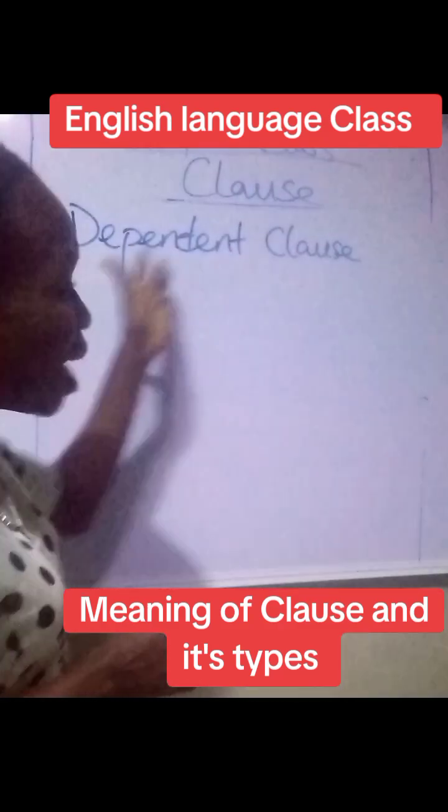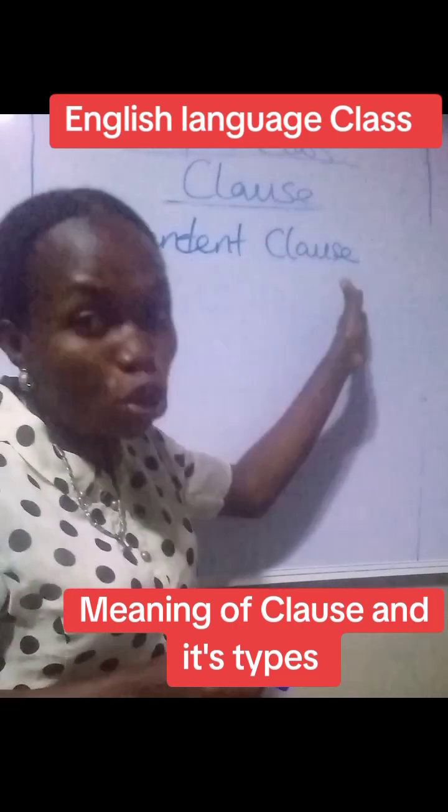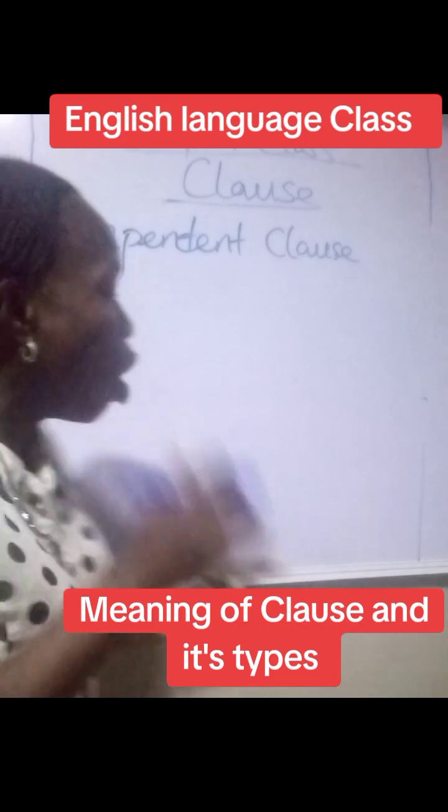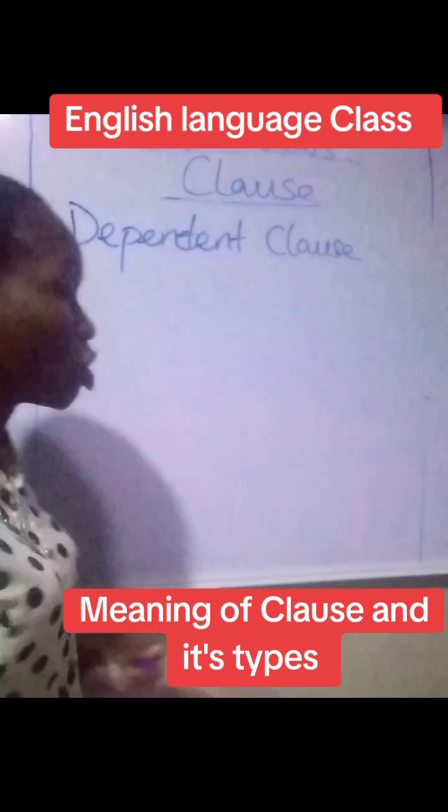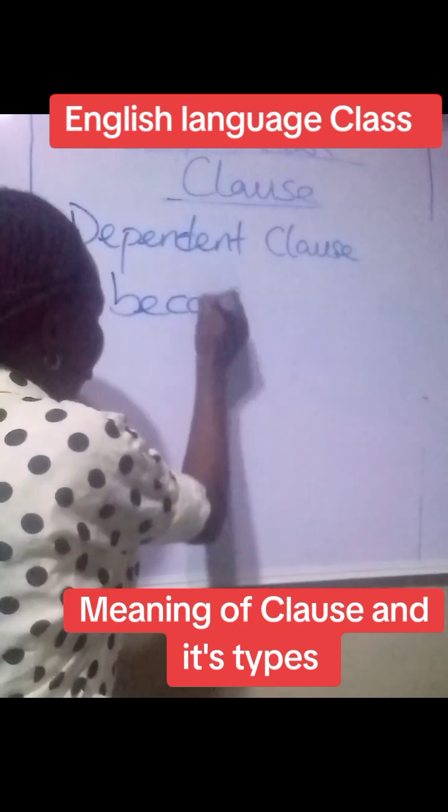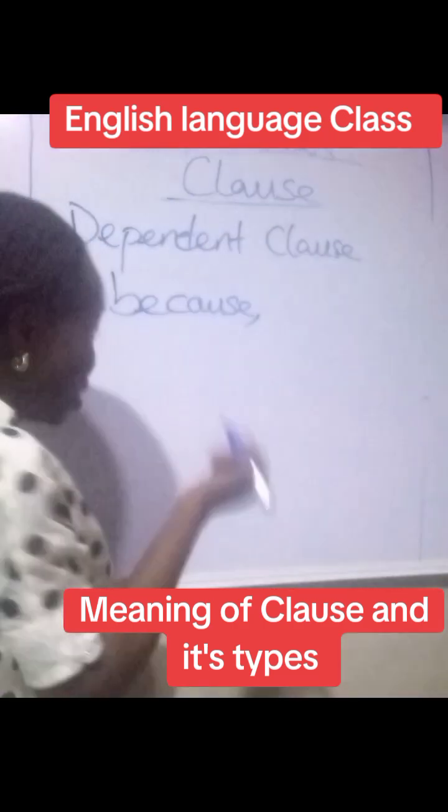Now, dependent clause is usually introduced by a subordinate conjunction. When we say subordinate conjunction, like because. Can we see that?